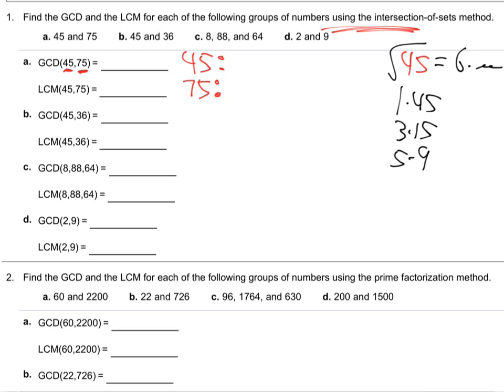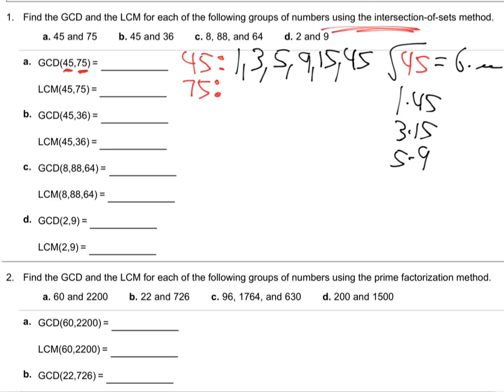So those are all the numbers that go into 45. Let me list them. 1, 3, 5, 9, 15, 45. So those are all the divisors or factors, all the numbers that go into 45, right?